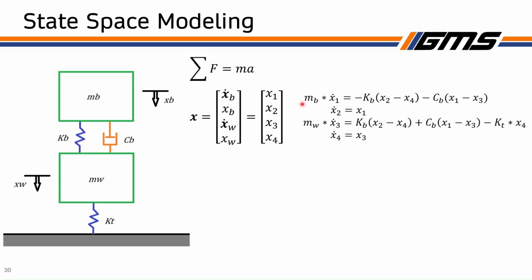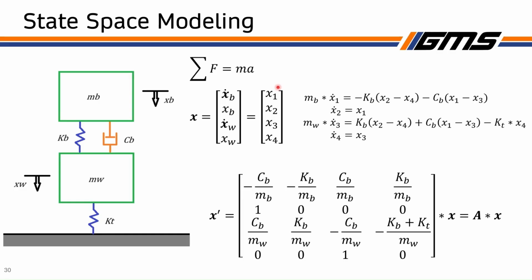Now, if we divide this equation and this equation by the mass, we get that the derivative of x is going to be equal to a bunch of coefficients times our original x vector. And we can write that in matrix form. The derivative of x is going to be equal to a matrix of a bunch of coefficients times our original x vector, or A times x.